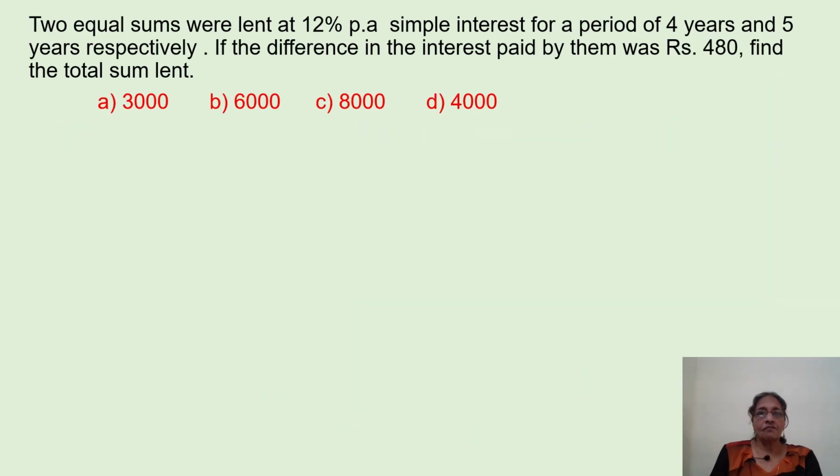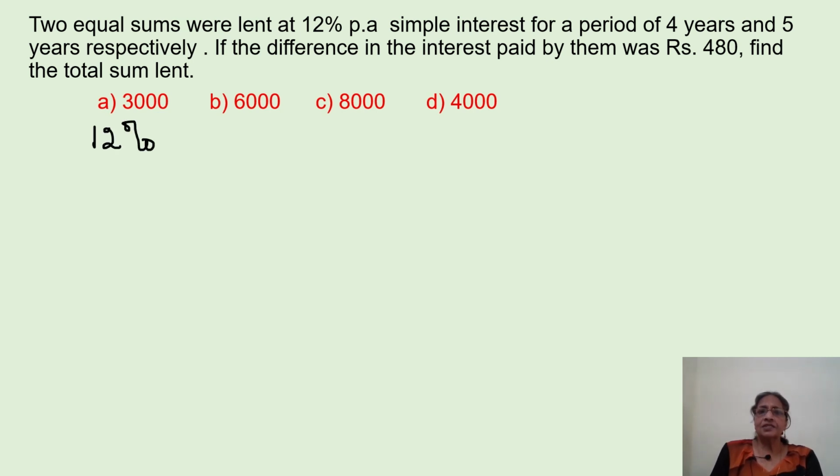All right. Two equal sums were lent at 12% per annum simple interest for a period of 4 years and 5 years, respectively. If the difference in the interest paid by them was 480, find the total sum lent. Okay, so let's take 12% first.